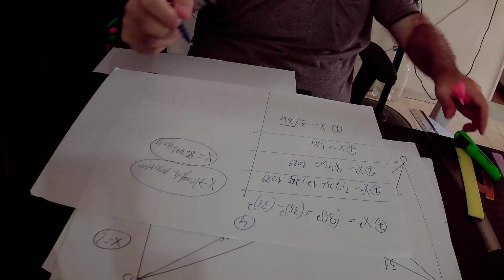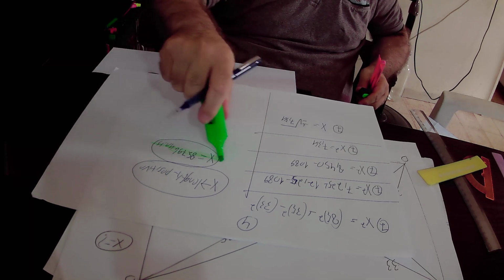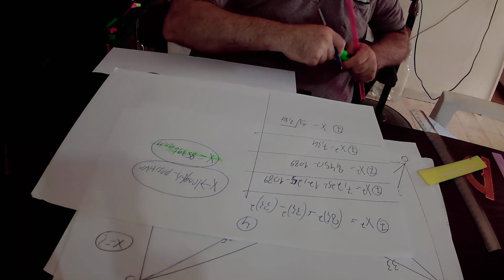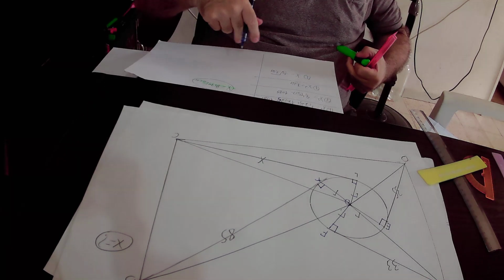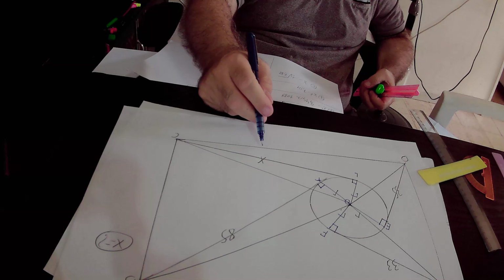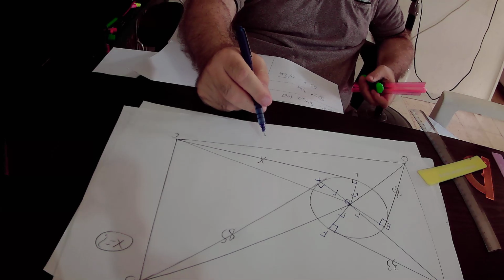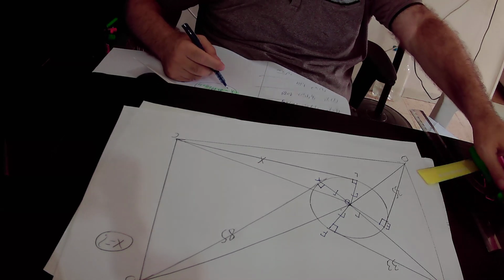So the answer to the question is that the length of this line segment LC, that is equal to x, is equal to 85.796 units. So we finished with the question.